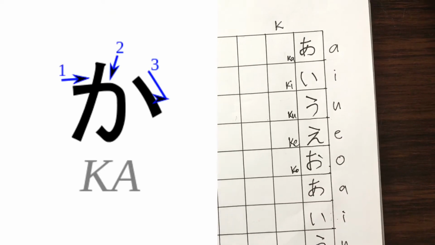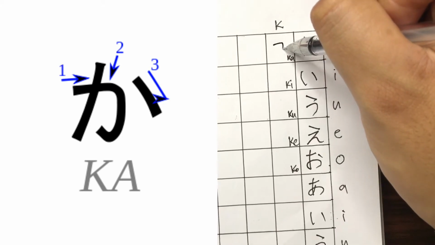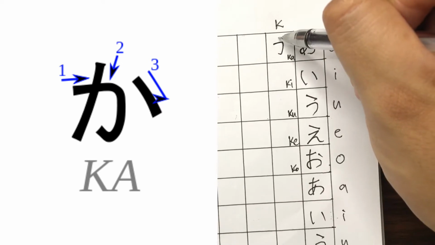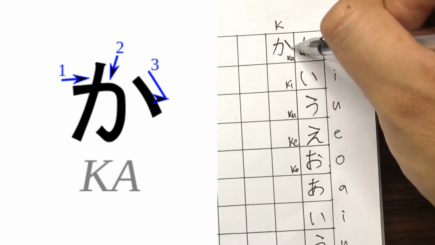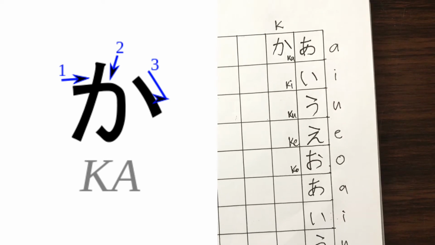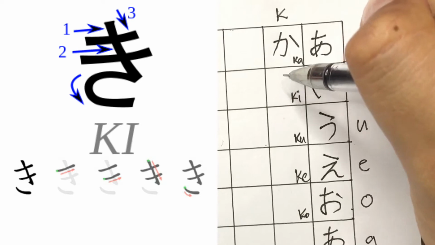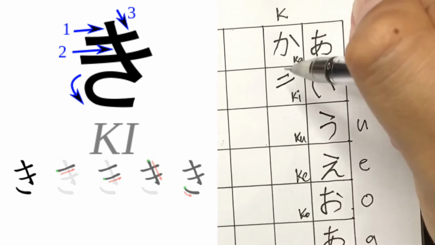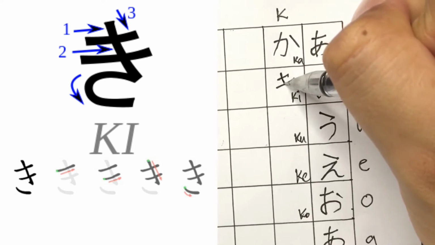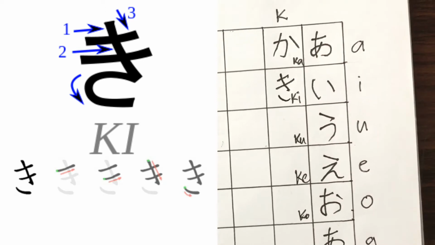Ka has 3 strokes. We start from here, then the last part is this one. Ka. The next character is ki. Ki has 4 strokes. We start with these 2 lines, 1, 2, then 3, 4.